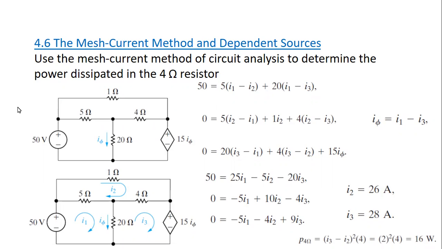The number of equations using the mesh current method will be 3, the same as nodal voltage. But if I have the choice, I will go with node voltage, because once I select this node as a reference, this voltage will be known, because we have a special case here: a voltage source connected between essential nodes.